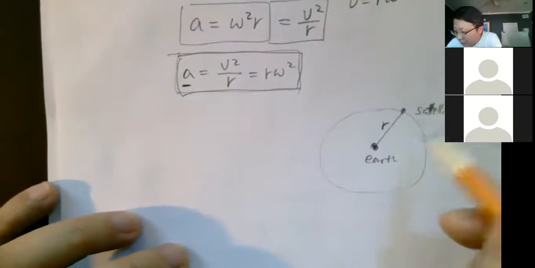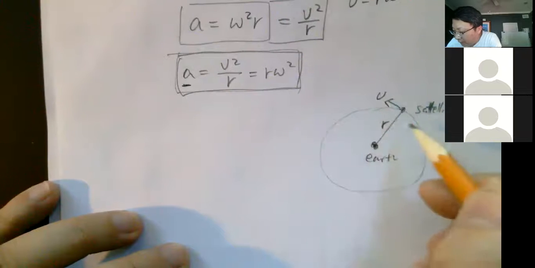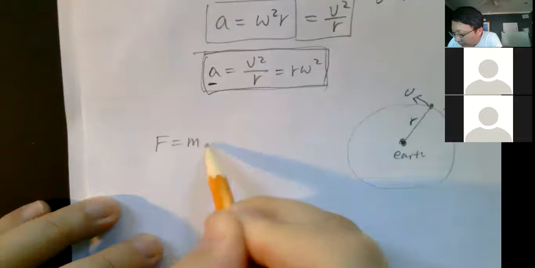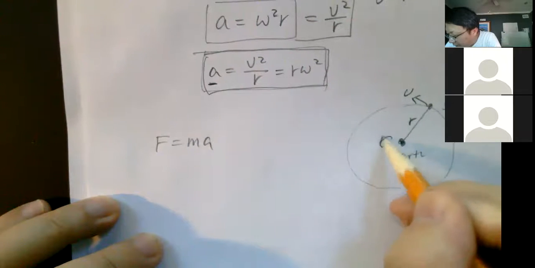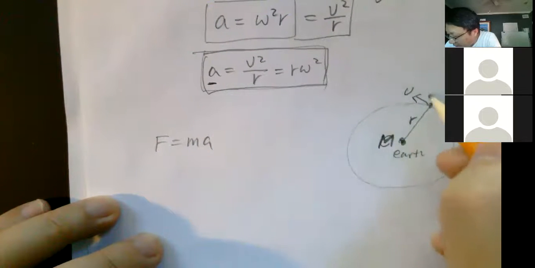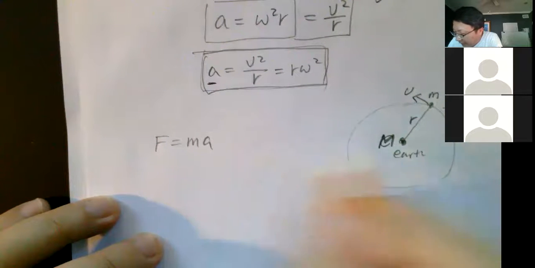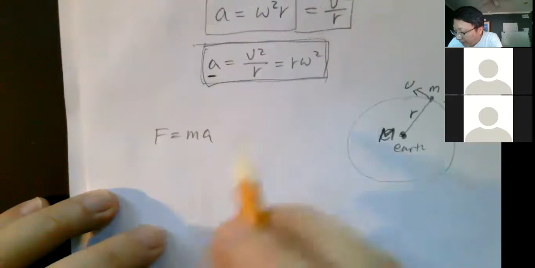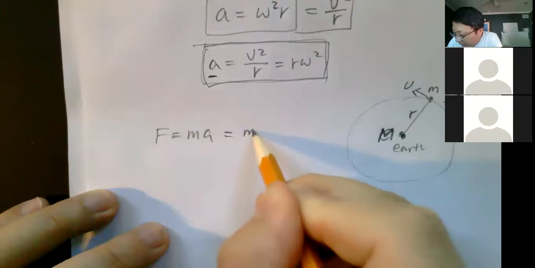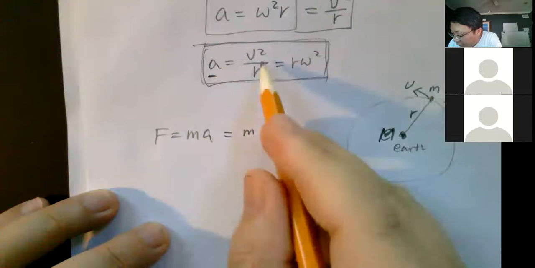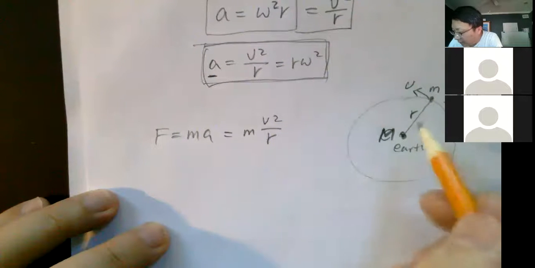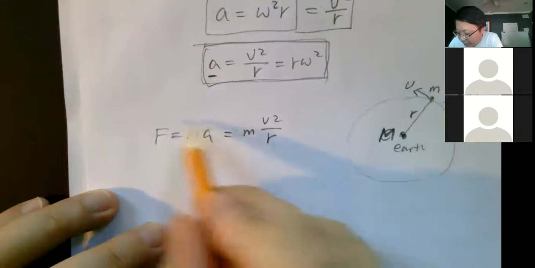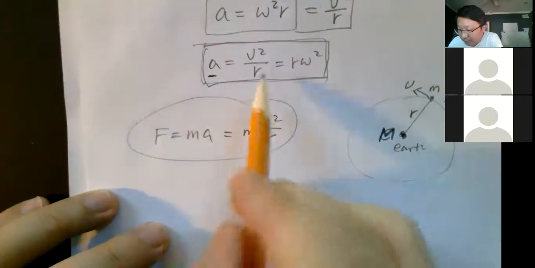So we can solve this velocity-distance relation right away, because we know F equals ma. Earth's mass is M, the satellite is small m, and the satellite movement is F equals small ma, which, because of the circular motion, a equals v squared divided by r, where r is the distance to the center of the Earth and v is the linear speed on the circular motion. This is what we have from here, simple.